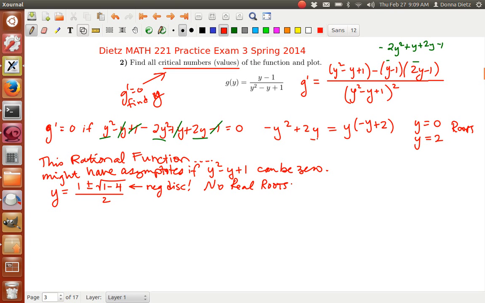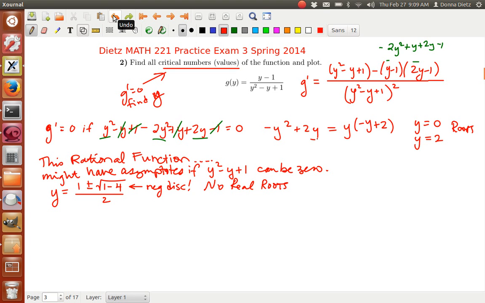Now that could mean that there's no zeros, but it doesn't tell us whether this whole denominator is strictly positive or strictly negative. But we know that it's strictly positive because of that squared value up here. We know that, for example, you chuck in y equals 10, you know the denominator is positive.